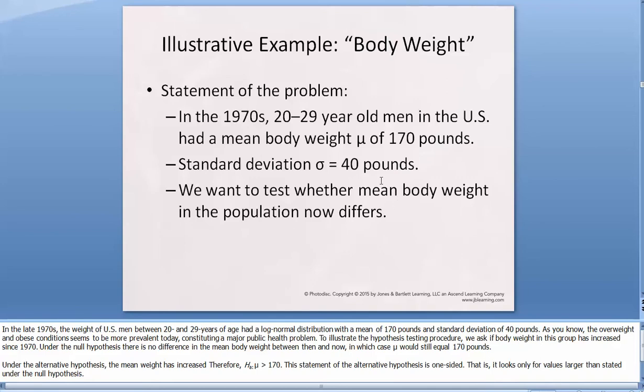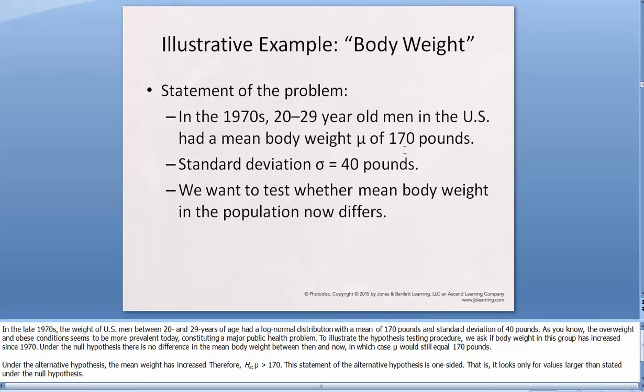So the idea is to compare the present population average body weight of men in this age group to 170 pounds. This 170 pounds was in the 1970s. Now, currently, the average body weight, which we will call mu, in 2015, is that mu equal to 170?